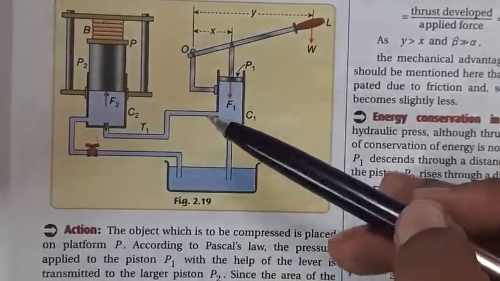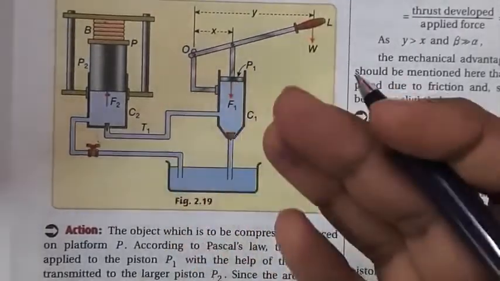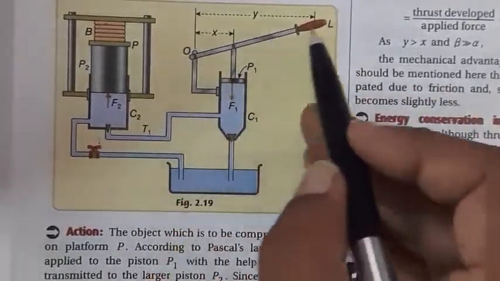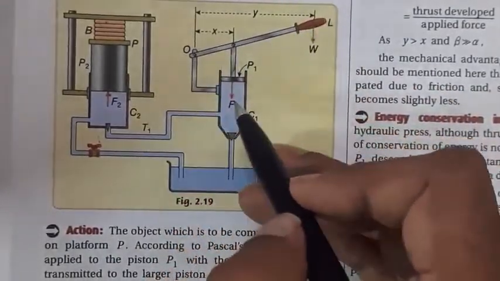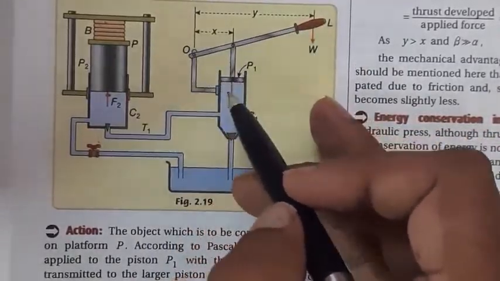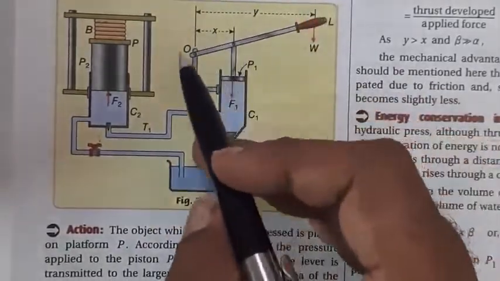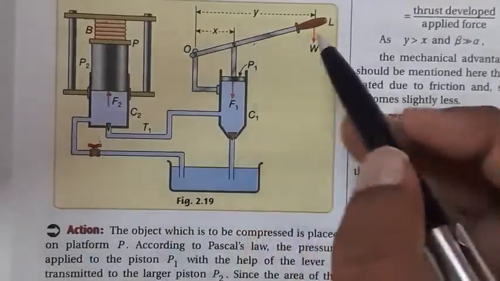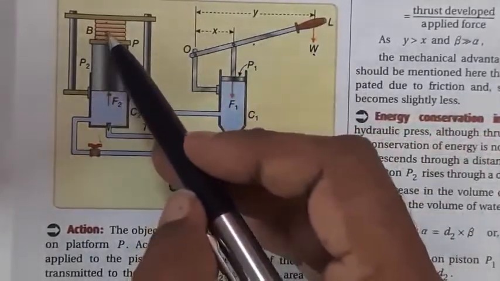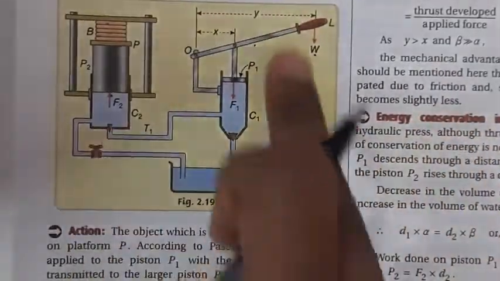From the principle of multiplication of thrust, we can also increase the force by applying a second class lever here. We gain a mechanical advantage by using a second class lever, so we have to apply very little force to get these chunks to be broken. You can study this from the book.